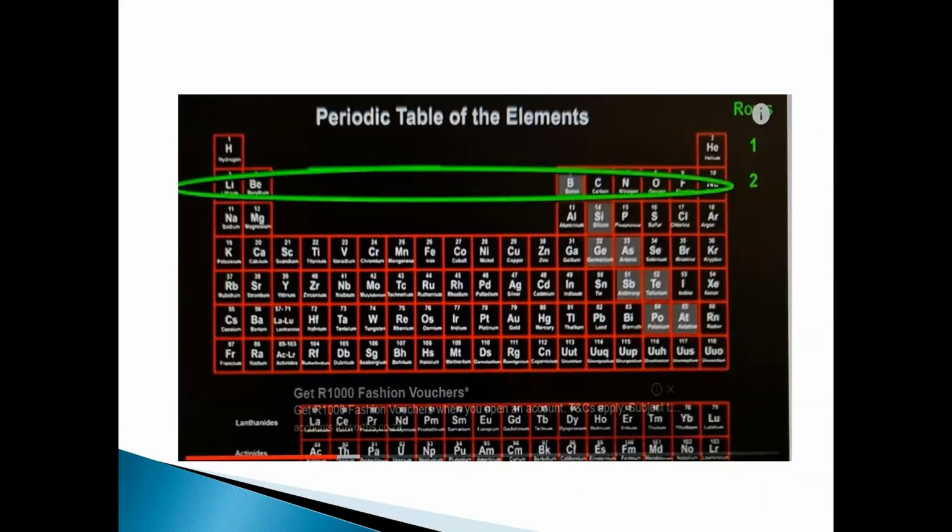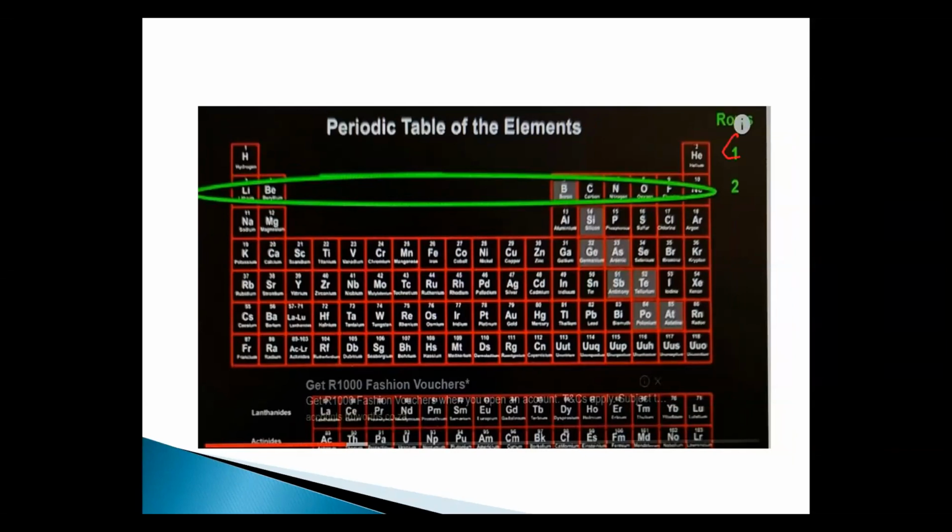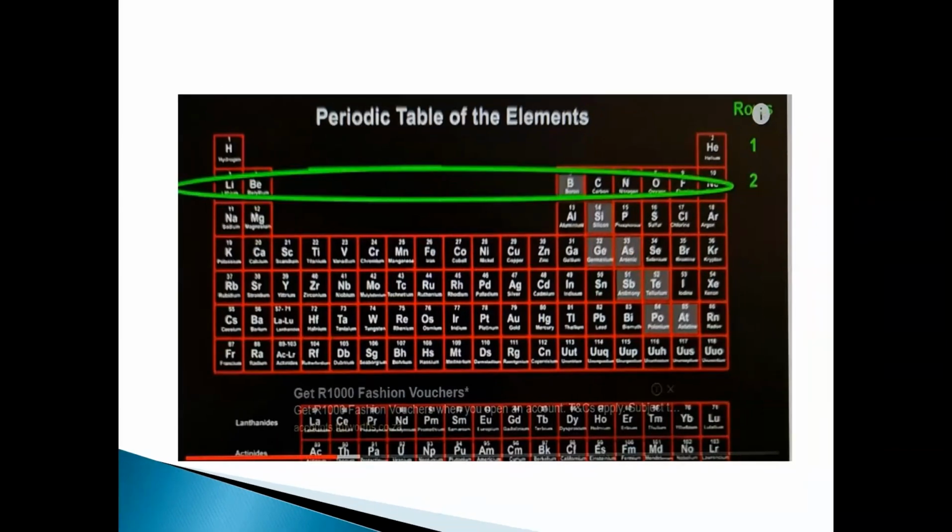So you can see that's row 1 there that is represented by green on the corner here. That's row 1. Then that's row 2 here, right? That's what we were talking about there. And all the numbers that are on top there, those are the atomic numbers, right?